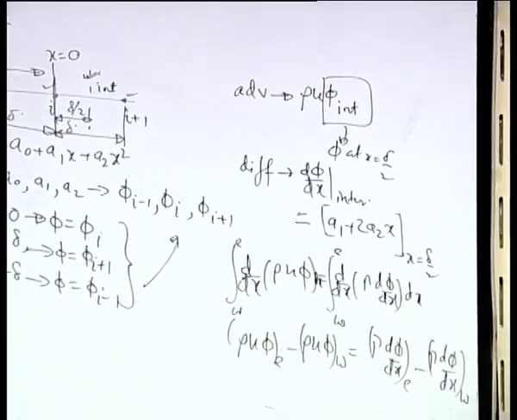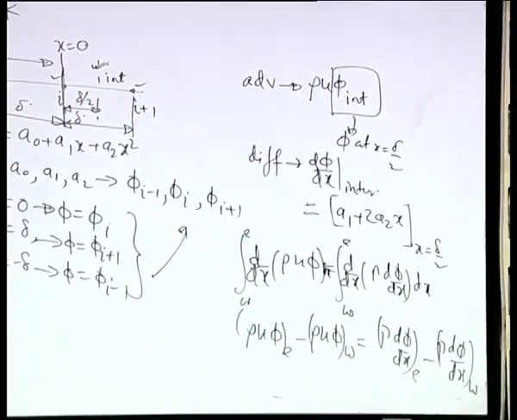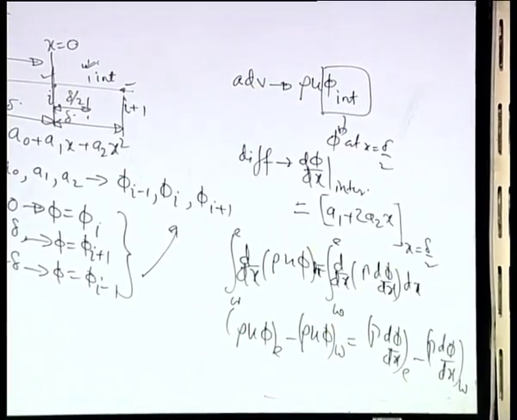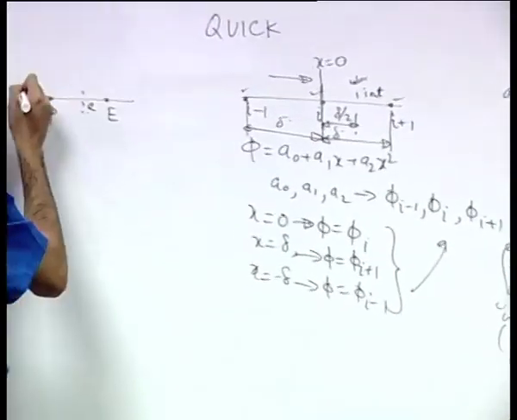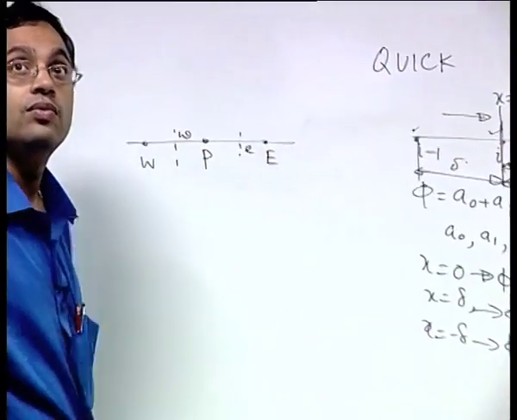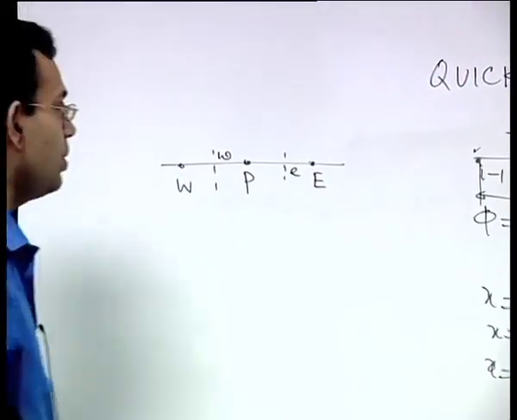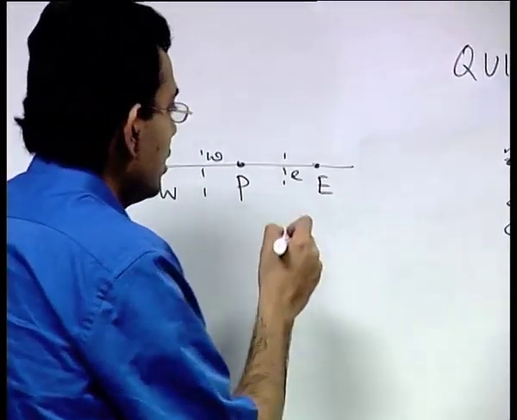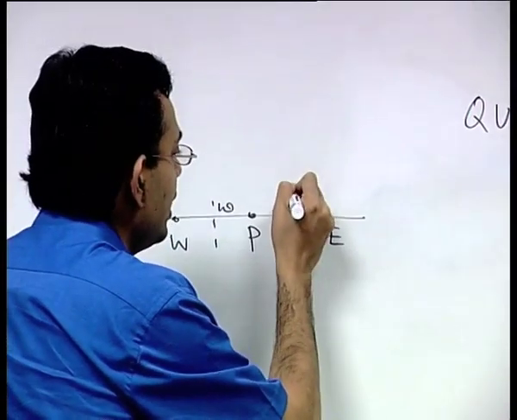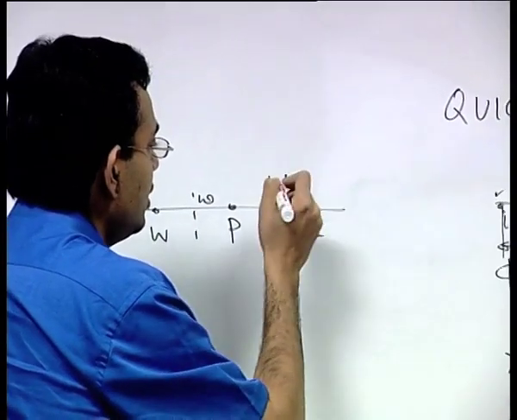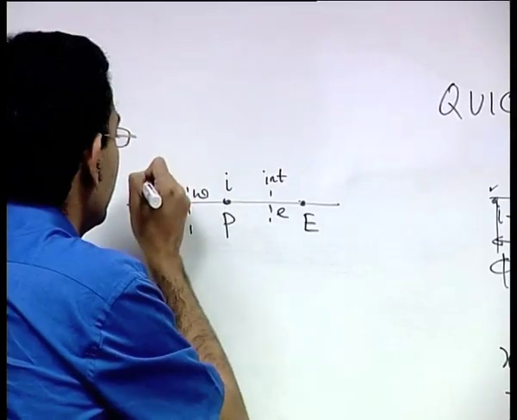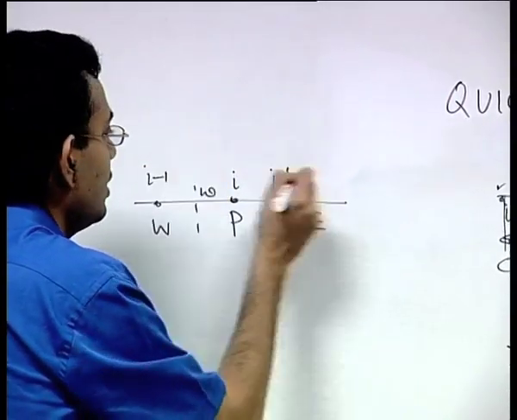So if you consider a grid layout, you have P, capital E, capital W, small e, small w, and you have to keep in mind that if this is the interface, then this is I minus 1 and this is I plus 1.